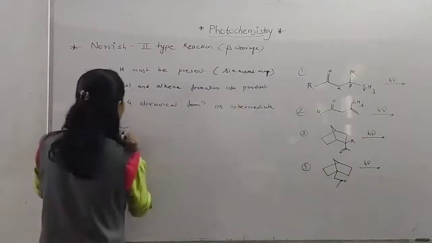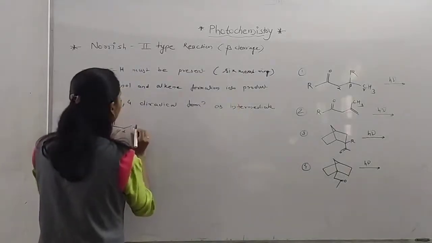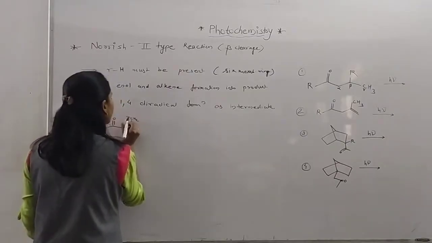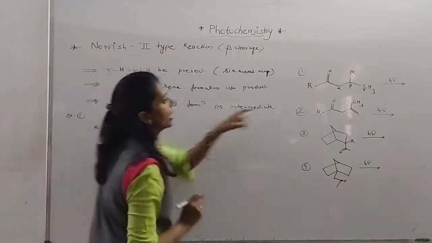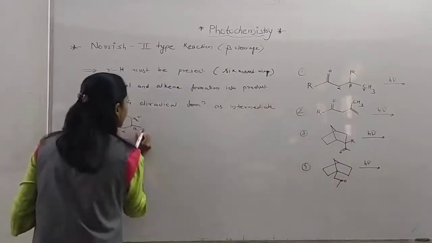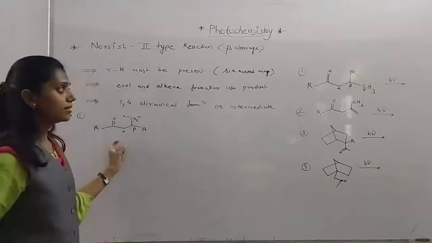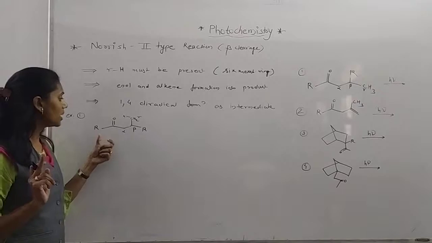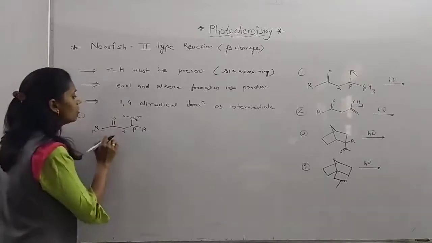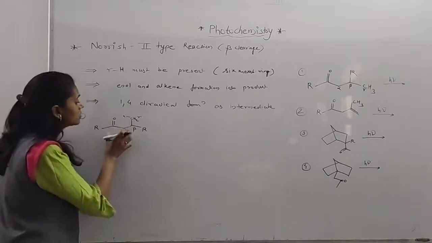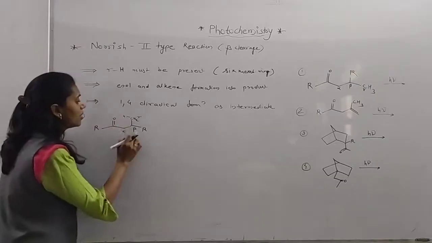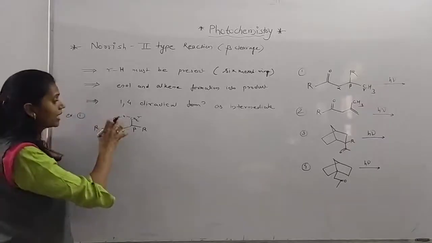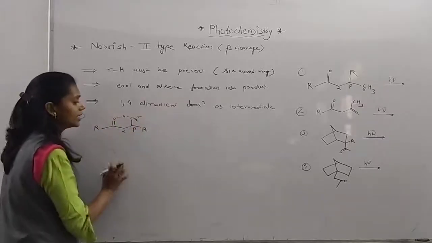I have written alpha here, the beta carbon atom, here CH2, and this H is the gamma hydrogen, and at the beta position there is the R group. This substrate and the earlier substrate are the same, only the structure is redrawn so that it looks like a cyclic 6-membered ring.